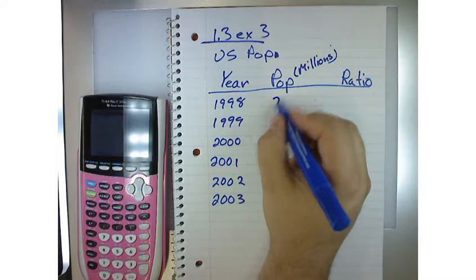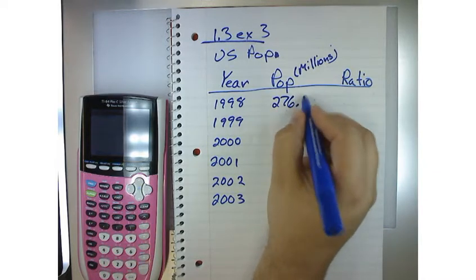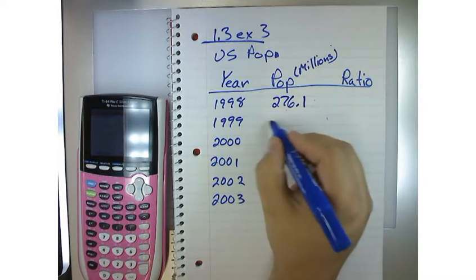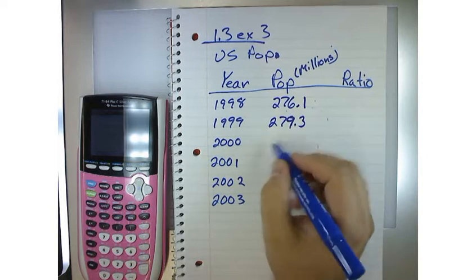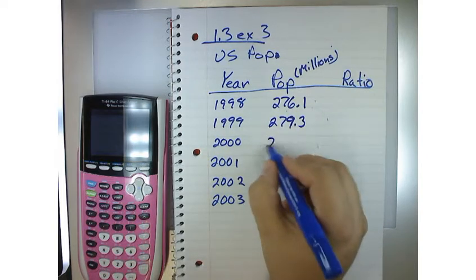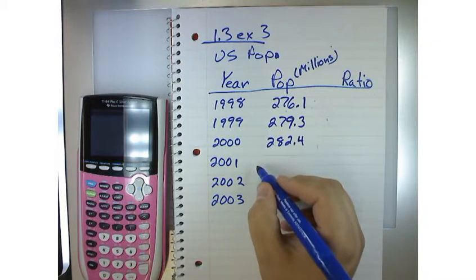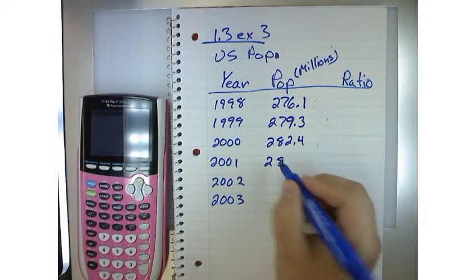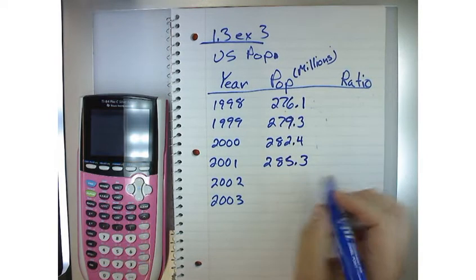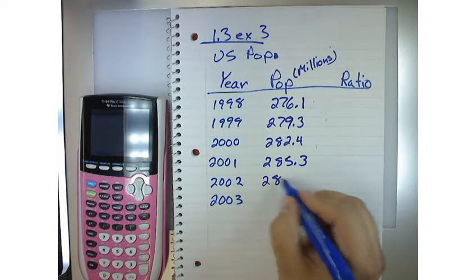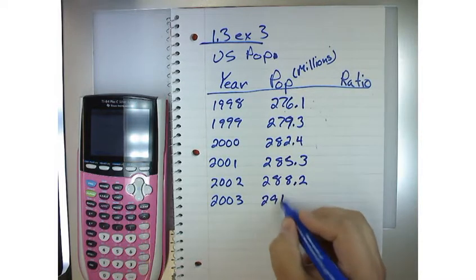So, for example, the population of the U.S. was 276.1 million, then it was 279.3 million, and then so on and so forth, 282.4 million, 285.3 million. You guys double check, make sure I don't make a mistake. 288.2 million, 291 million.